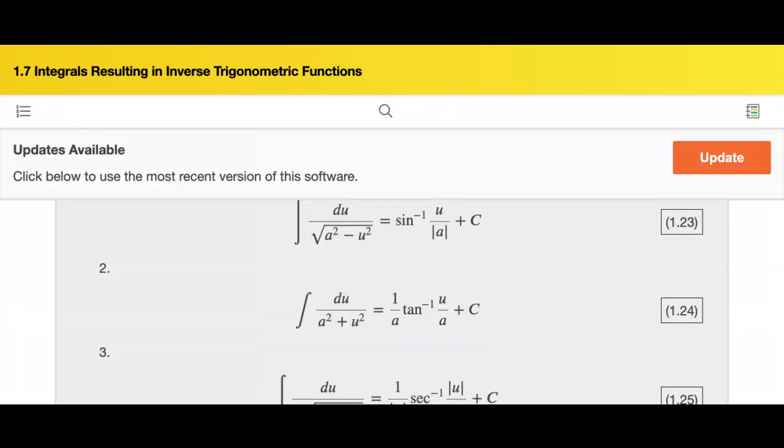So now let's go back to the whiteboard. So this equals, well, 4 is 2 squared, so that means a equals 2.